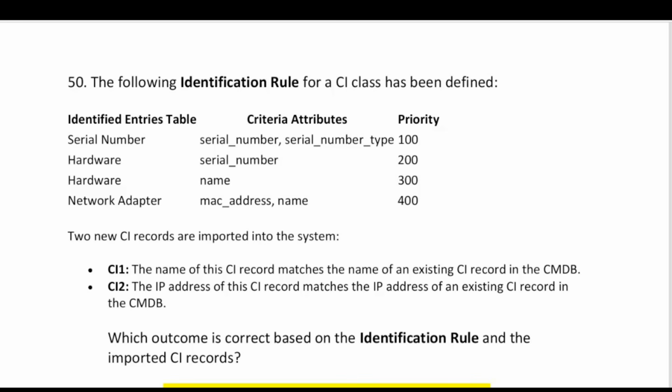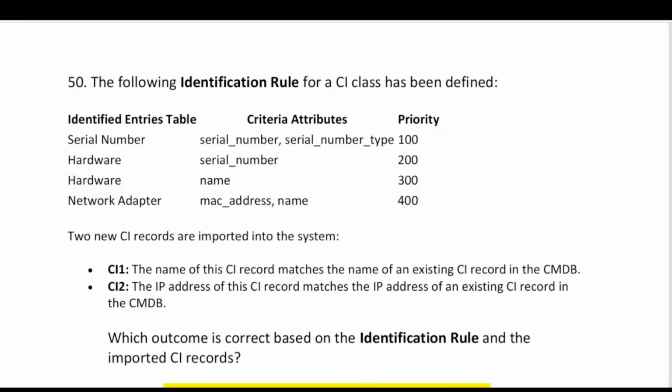Two new CI records are imported into the system. First, CI1. The name of this CI record matches the name of an existing CI record in the CMDB. Second, CI2. The IP address of this CI record matches the IP address of an existing CI record in the CMDB.